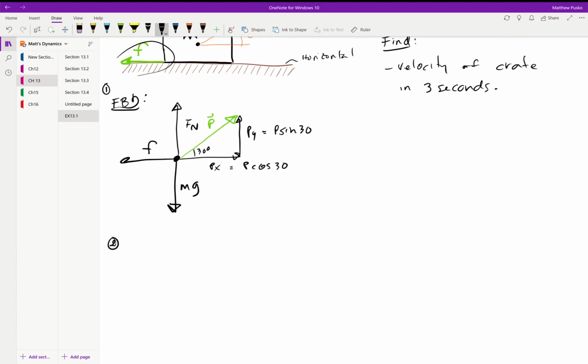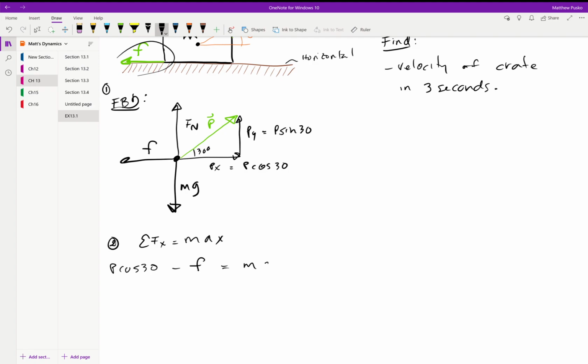Second step, let's make out the equations of motion. And we do this independently. We sum the forces in the x direction and say that's equal to the mass times the acceleration in the x. And let's go ahead and do it. What do I have in the x? In the positive x, I have P cosine 30. And I have a minus f because it's pointed to the left. And that's it.